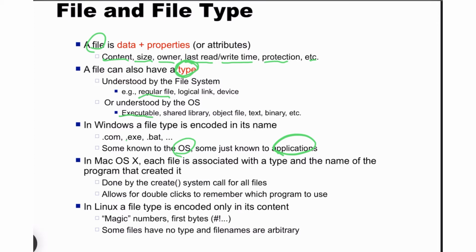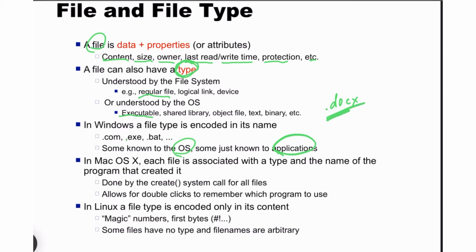Or if it is only known to a certain application, it is those files that you cannot open without downloading a specific application. So, for example, you have a .docx, but then you don't have Microsoft Word or MS Office that can open this file.